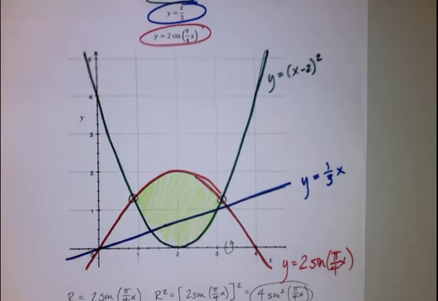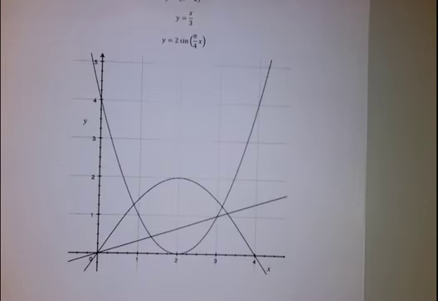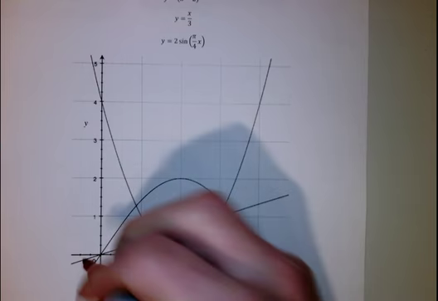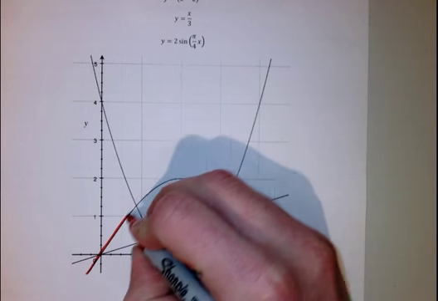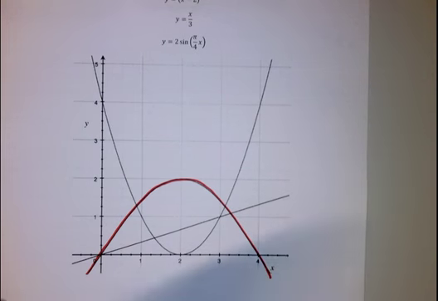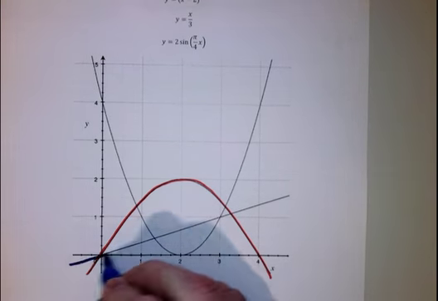Okay, let's go ahead and move on, and let's do a different one. What do you say we do? Let's use the linear. Again, I like to use the red for the trig, and then we'll use the blue for the linear.